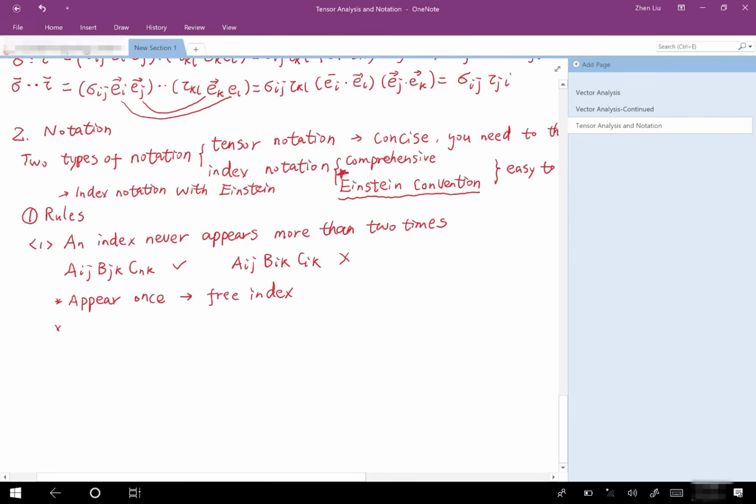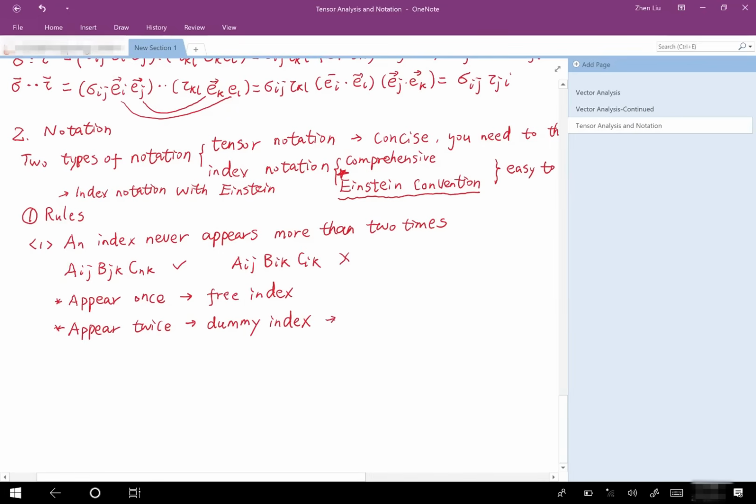And if it appears twice, this index is called a dummy index. And what does a dummy index imply? Appears twice, according to the Einstein convention.